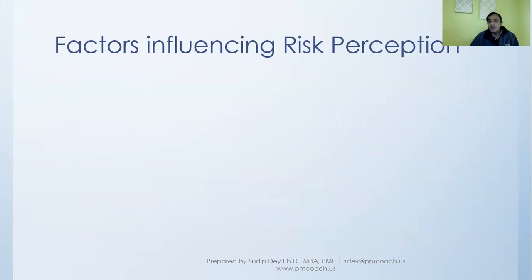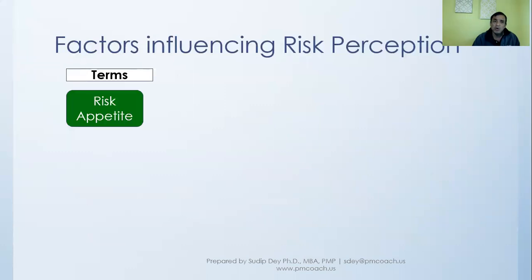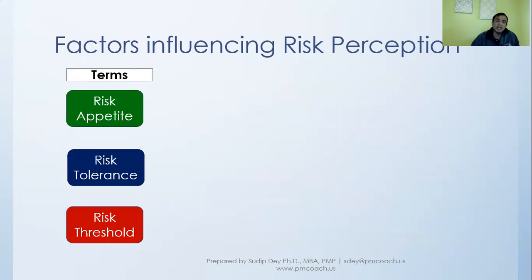So there are three different terms that are often used, and they might be confusing, but it's useful to understand the difference. One is called risk appetite, then risk tolerance, and risk threshold.